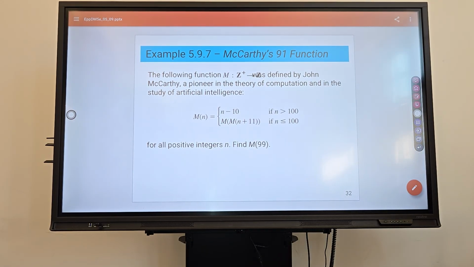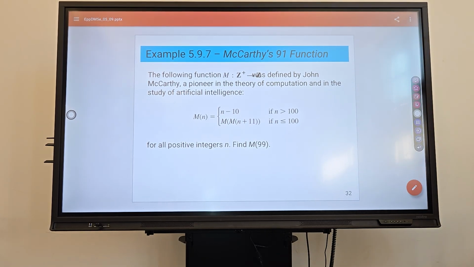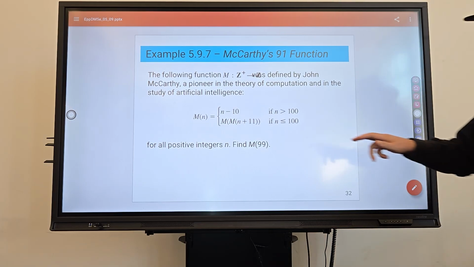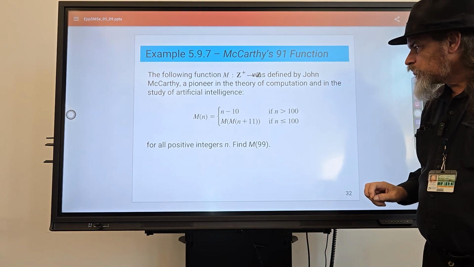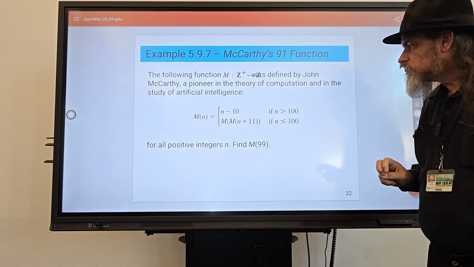The following function, M, from positive integers to integers, as defined by John McCarthy, a pioneer in the theory of computation, is as follows. M of n equals n minus 10 if n is greater than 100.